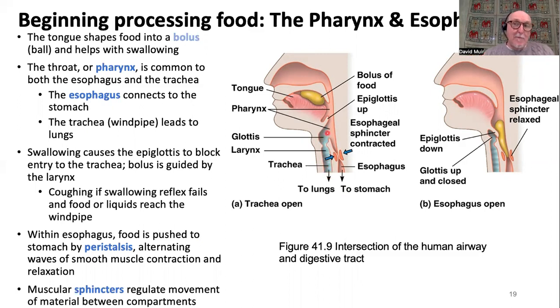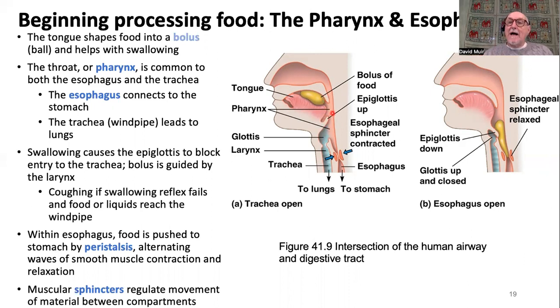So it's really important, of course, that food does not go down the trachea. In fact, this is a really dangerous situation. It can be a lethal situation. There is an anatomical adaptation to ensure that this doesn't happen.